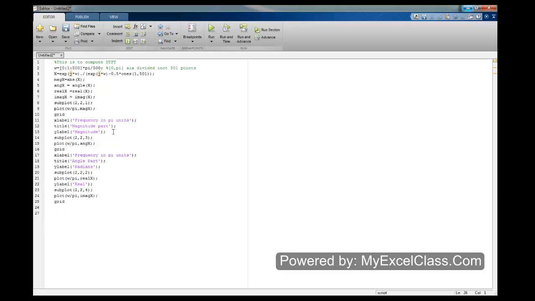Then you have x label, frequency in pi units.